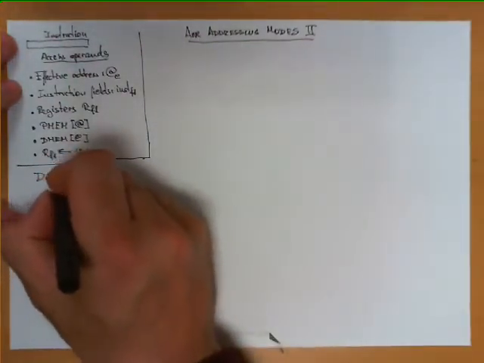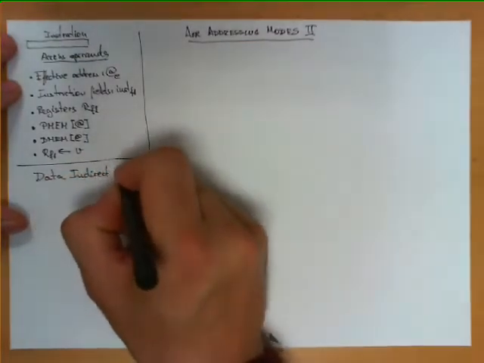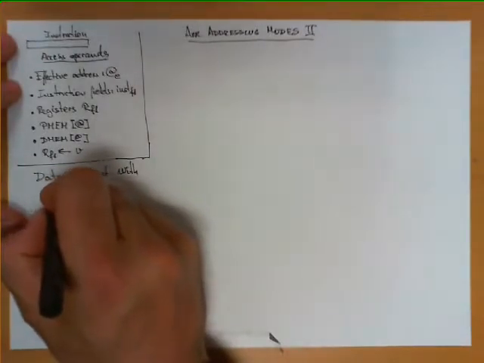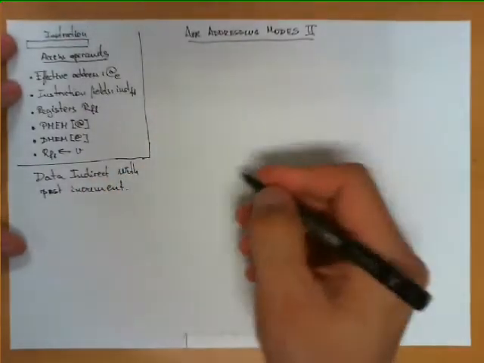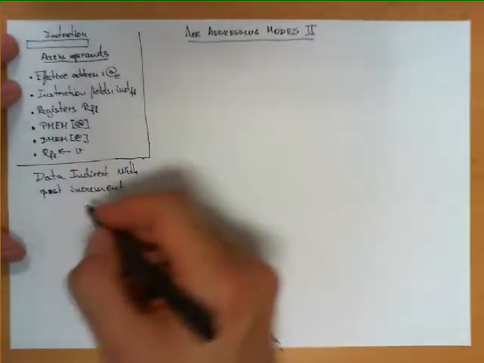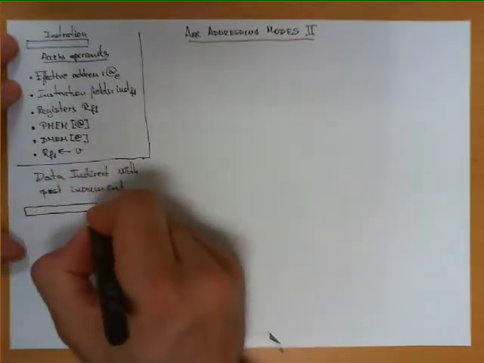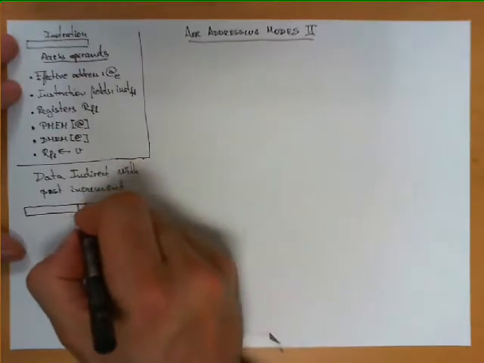The first one is called data indirect with post increment. Now what happens when an instruction has this addressing mode is the following. This is the instruction. The instruction has one field in it that encodes, let's call it F1.